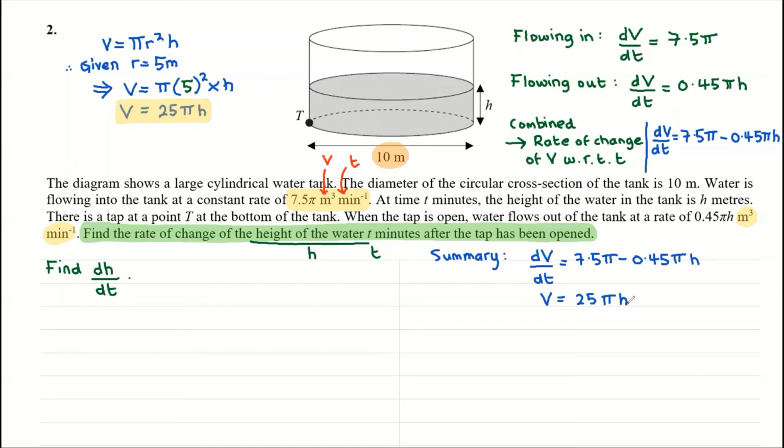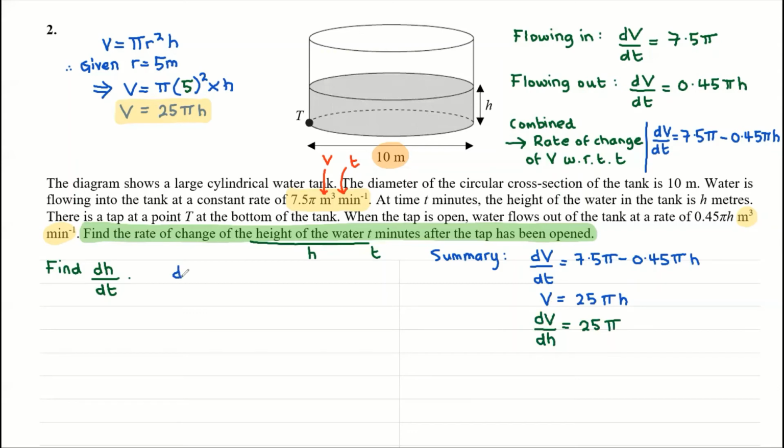And that was it. But what we can now do is differentiate this V and get some more information. So I can now find out what dV by dH is. Okay, and it's 25 pi h, so it's just going to be 25 pi. Now, is that enough to get dH by dt? Let's try and construct dH by dt now.